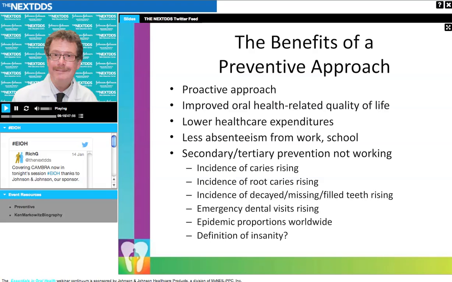It could result in emergency room treatments, pain, infection, sometimes even dangerous infections. So this is a global problem, and by just approaching it from the restorative standpoint without understanding the preventive strategies, we are actually fitting the definition of insanity. We're doing the same thing over and over again.